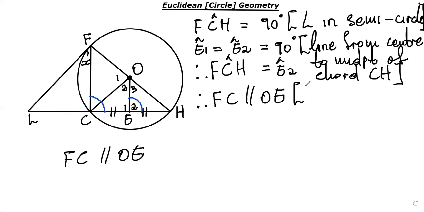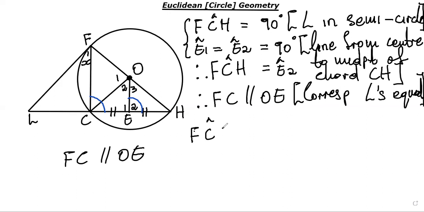Why are these two lines parallel? Well, it's because the corresponding angles are equal. Or you can say the corresponding angles formed are equal. But of course, if you don't want to say it like this, you can still say these two things. And then you can say to us, if we take FCH and then we add it to angle E1, you show us what we get.